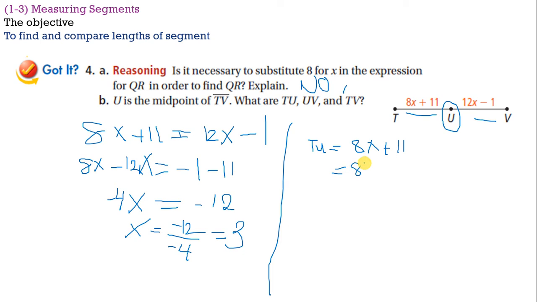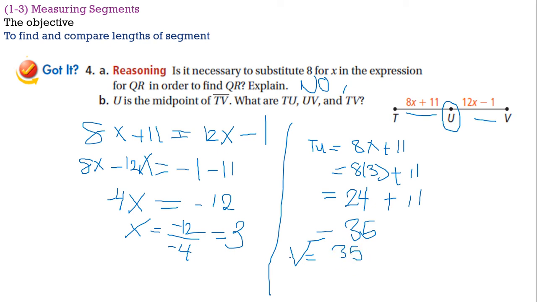So TU, which is equal to 8x plus 11, is equal to 8 times 3 plus 11, which is equal to 24 plus 11. Now that is equal to 35. Do I need to find UV? No. UV is equal to 35 again.